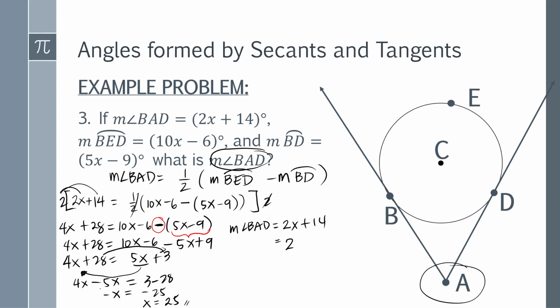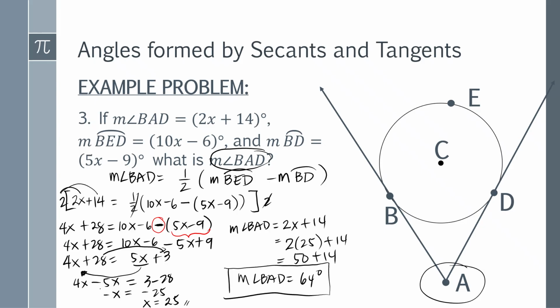So, 2 times 25 plus 14. This 2 times 25 is 50 plus 14. Therefore, the measure of angle BAD is equal to 64 degrees. This is how you subtract. This is how you solve for the angle.